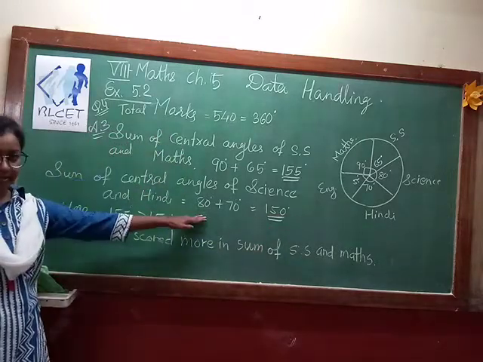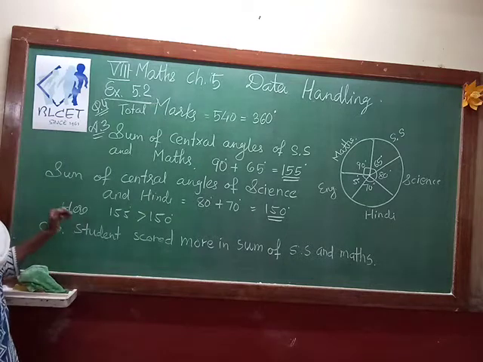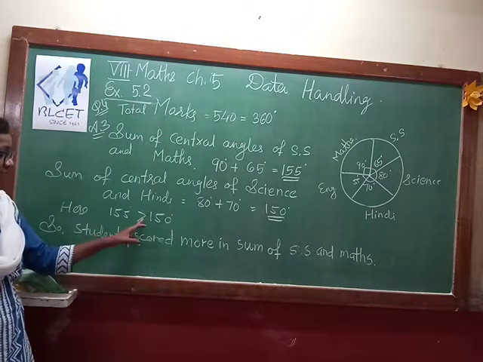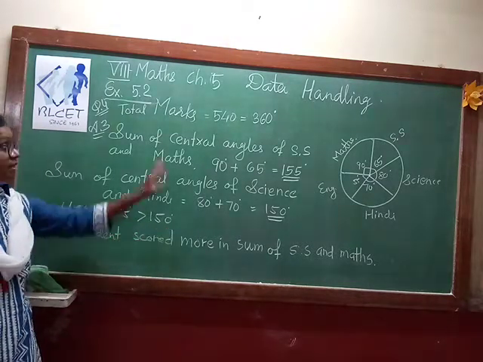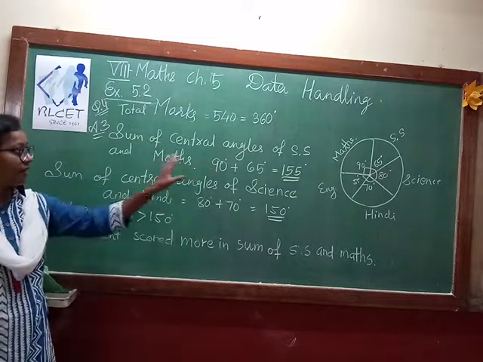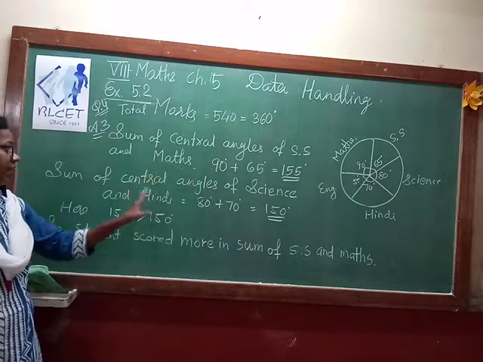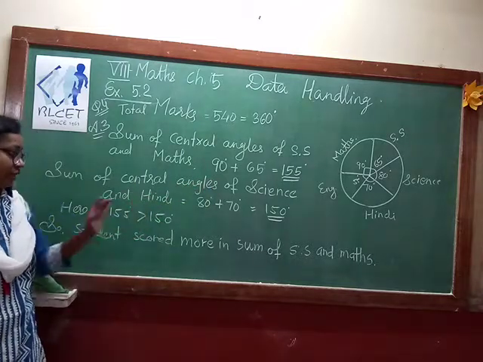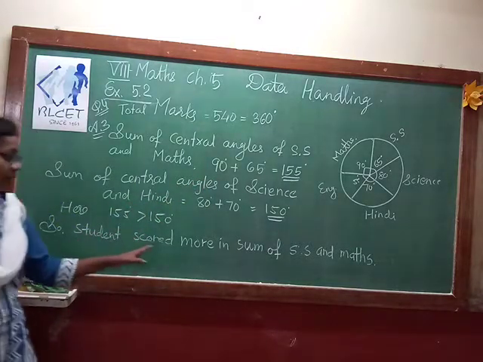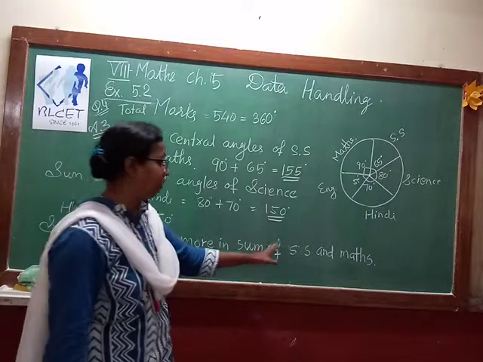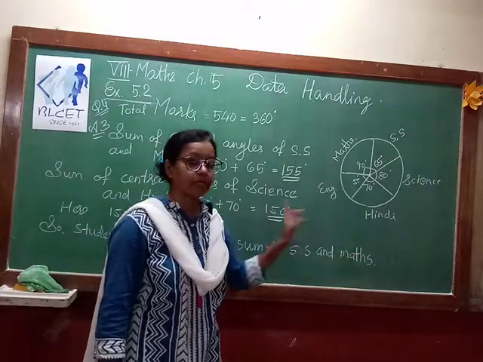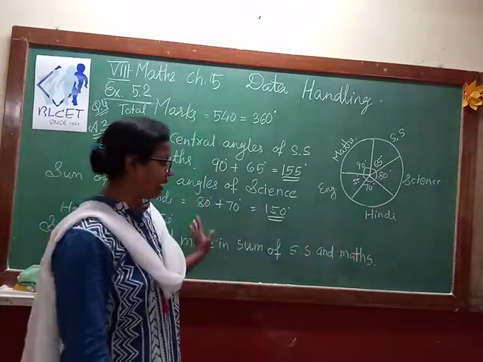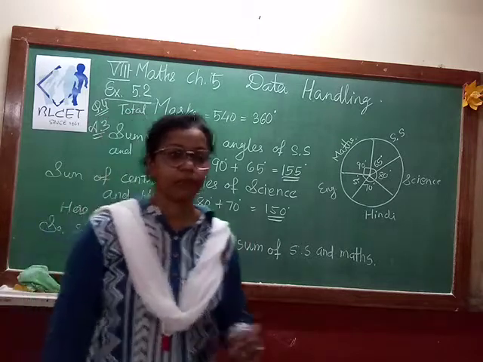So what we can observe here, 155 degree is greater than 150 degree, means the sum of central angles of SS and Maths is greater than the sum of central angles of science and Hindi. So students scored more in the sum of SS and Maths compared to the sum of Hindi and Science. So this is all about your question number 4.